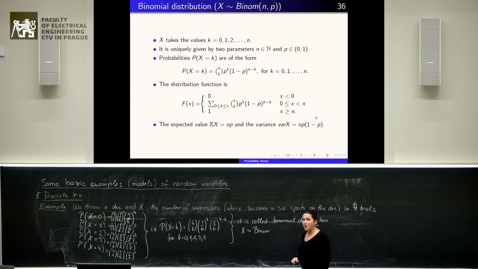It is denoted so that X has the distribution, and this wave means it has distribution binomial, and it is given by two parameters, two pieces of information which we need to know. How many trials we have, and what is the probability of success in each trial. So in our case, X has binomial distribution with the parameters 4 and 1/6.